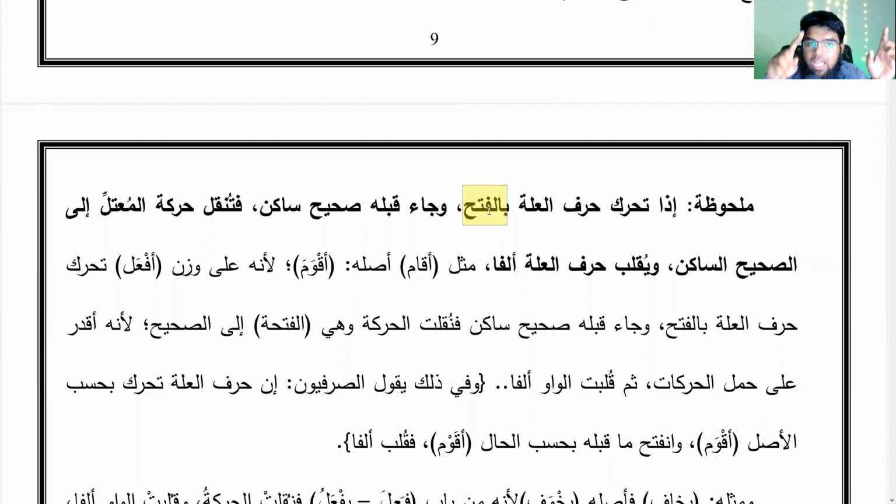So the waw or the ya has a fatha. نعم. وجاء قبله صحيح ساكن. And the previous letter is a sahih sakin. فَتُنْقَلُ حَرَكَةُ الْمُعْتَلِّ إِلَى الصَّحِيحِ السَّاكِنِ. So you'll take the fatha, give it to the previous. Similar rule, right? But what we'll do? We'll do double thing now. وَيُقْلَبُ حَرْفُ الْعِلَّةِ أَلِفًا. We'll change the حرف العلة to alif also.